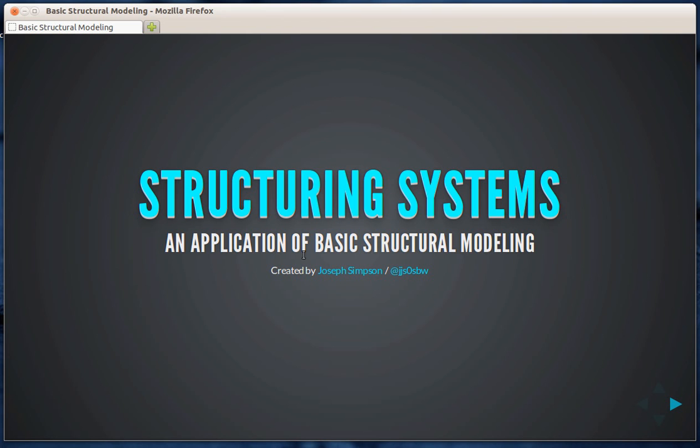So structuring systems, or structural modeling, was designed as two parts. First, basic structural modeling, which we're talking about here, and interpretive structural modeling, which uses basic structural modeling to support it.